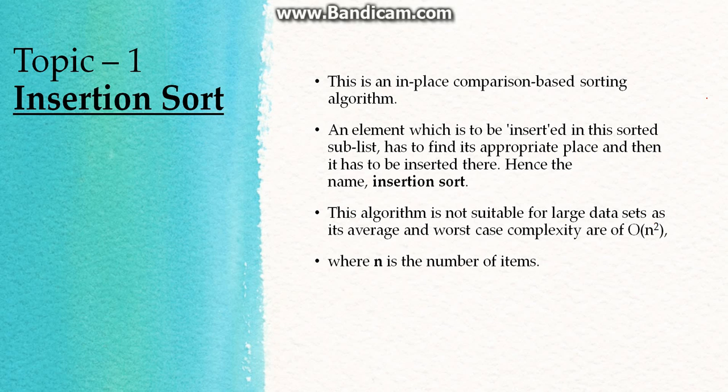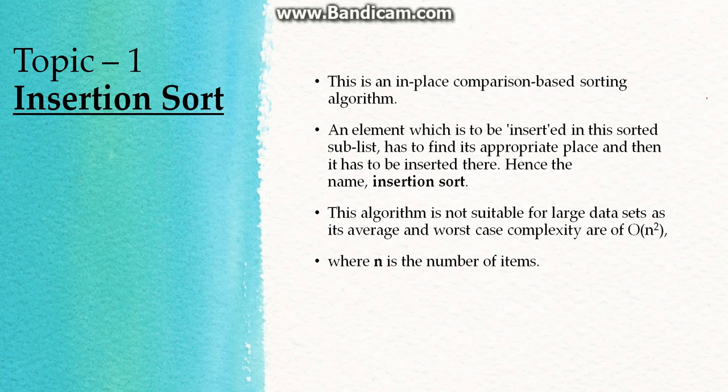Insertion sort is basically a comparison based algorithm. For example, if we take an array which has 8 elements, we compare the elements and obtain a sorted array. This is how the insertion sort works. The element to be sorted will be inserted or swapped, hence the name insertion sort.